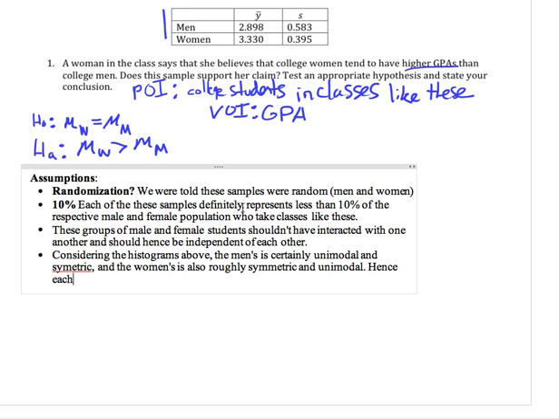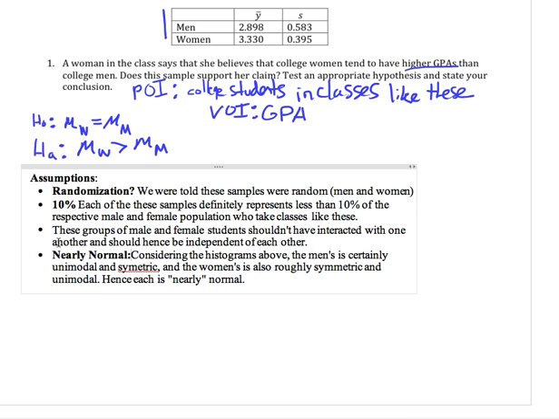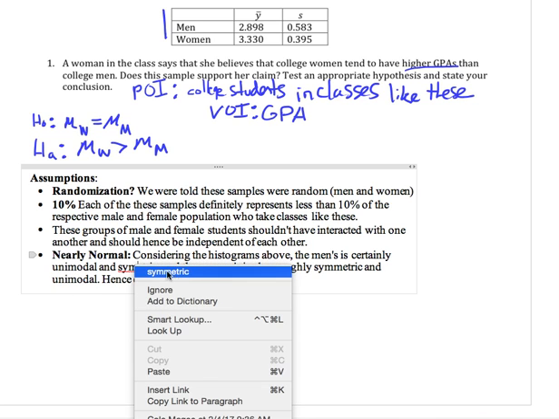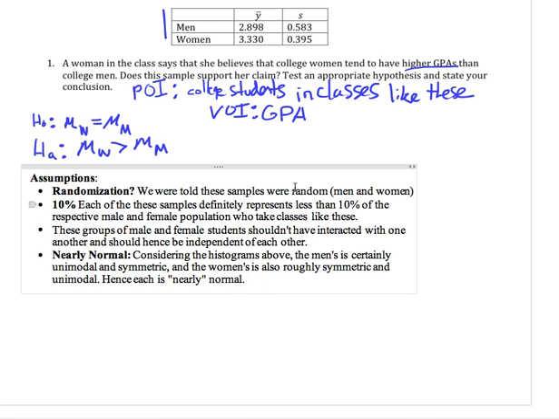Hence, each is nearly, or approximately, make sure you work that word in there. If you just said normal here, you would lose points. So each is nearly normal. So I think we're pretty safe on this one. Remember, this is the nearly or approximately normal condition that we're checking. Get symmetric spelled right, and there we go.